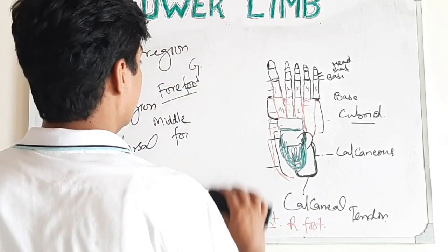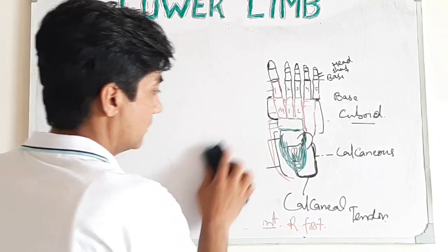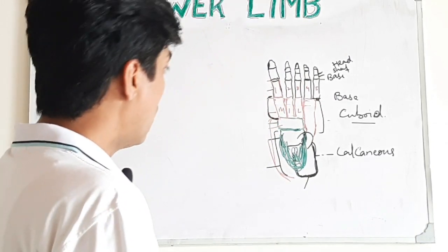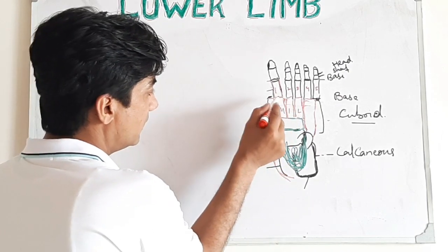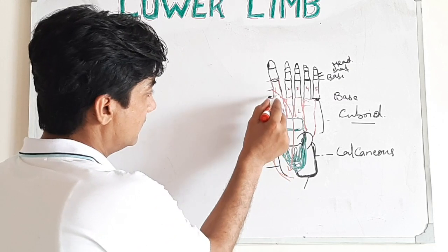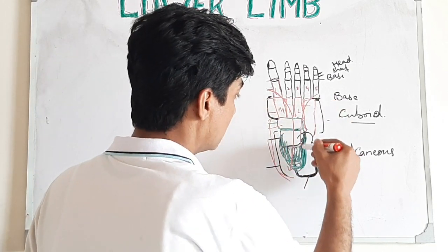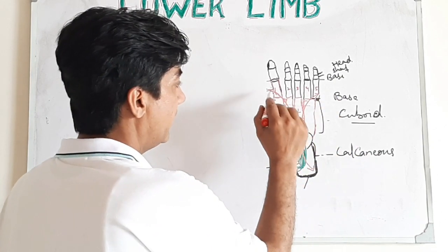The first one is longitudinal. This is the longitudinal. Here is the longitudinal, and here is the transverse.